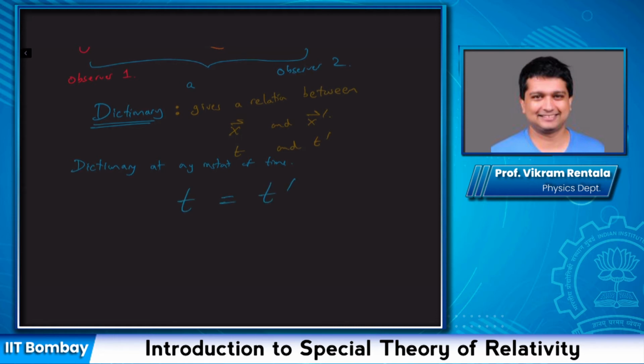Both observers measure the same time. And observer 1 measures a position which is related to the position measured by observer 2 by a constant shift. Okay, so here a bar is independent of time.